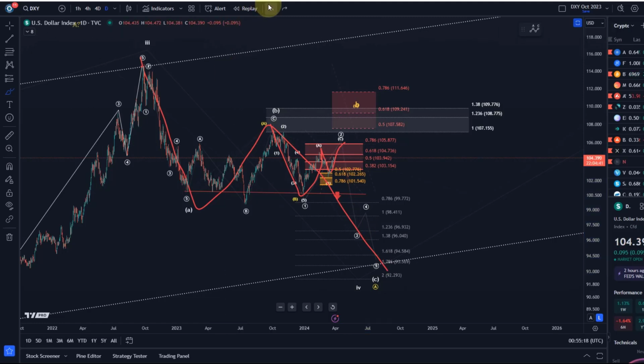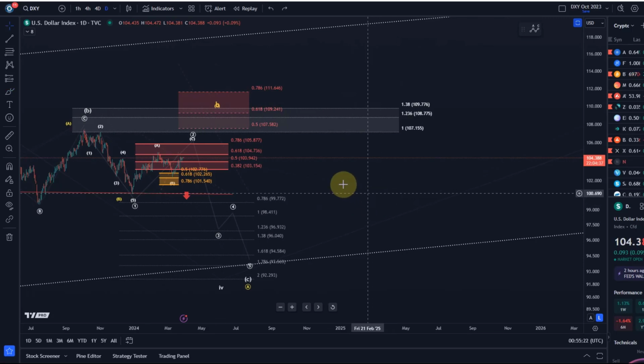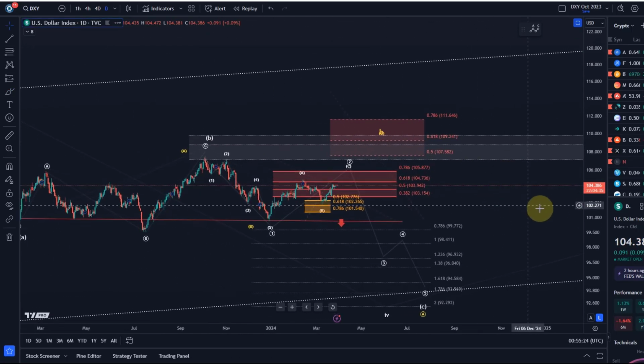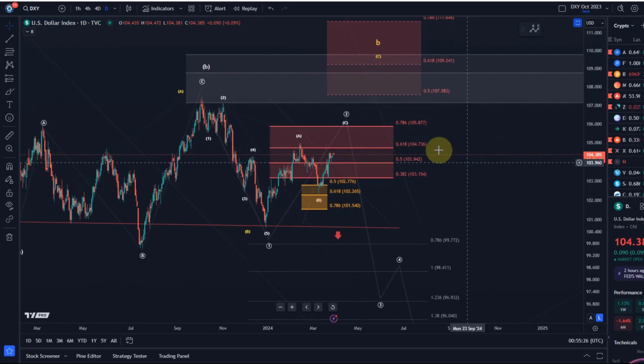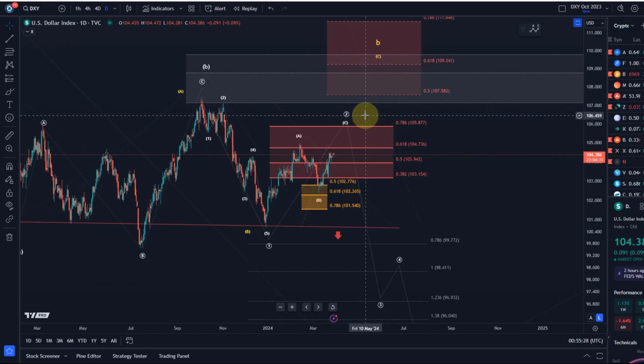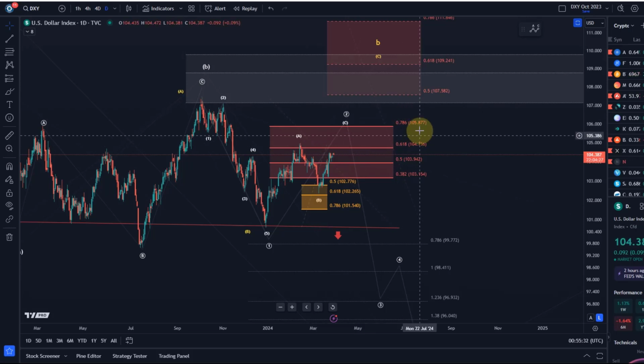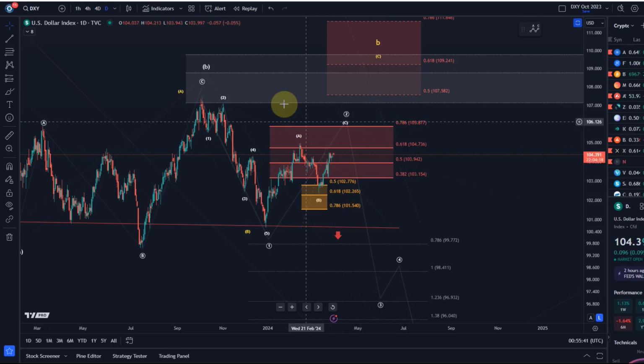This is the most straightforward scenario, and in it the price should ideally stay below resistance, and that level is at $105.87. So to maintain the direct downside scenario, we should hold below 105.87. A break above 105.87 will not invalidate this scenario, but it will make it much less likely.